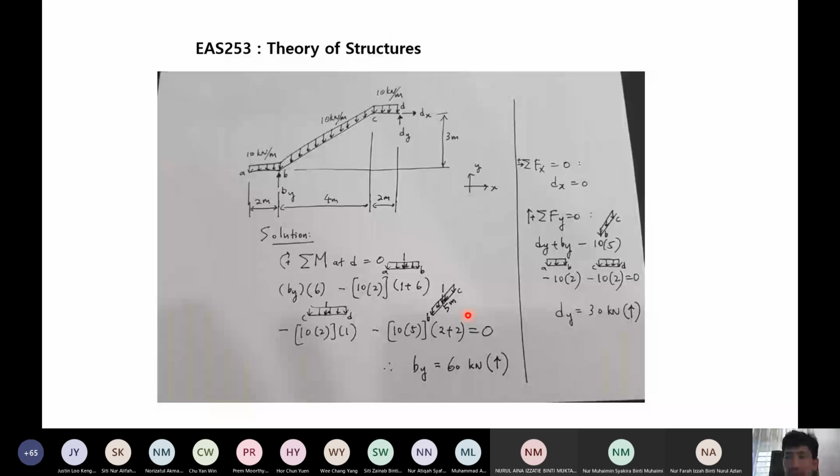So for the inclined part, it is only because the question given to us, the loading is acting vertically, so we don't need to find the forces for x direction for the inclined part. The next example that I'm going to show you, we need to do that.